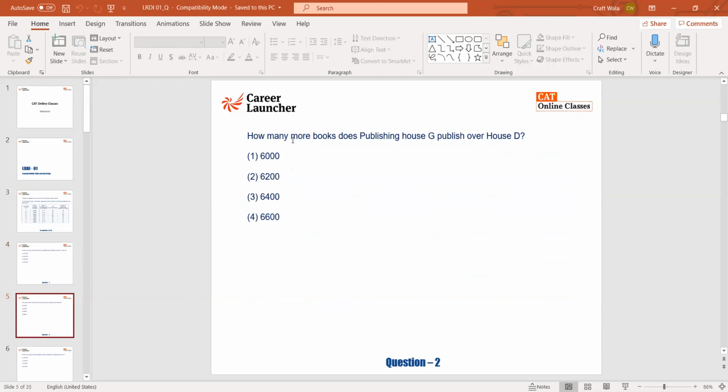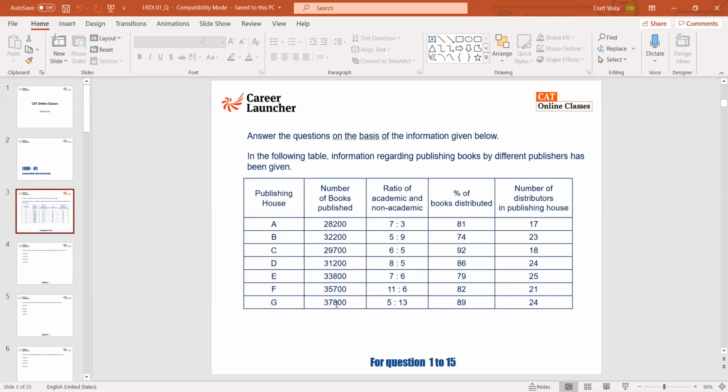Right. Next one. How many books more does publishing house G publish over publishing house D? So G is publishing how many more than D? G is publishing 37,800. This is 31,200. I should just subtract them. So that comes out to be 6,600. Right.